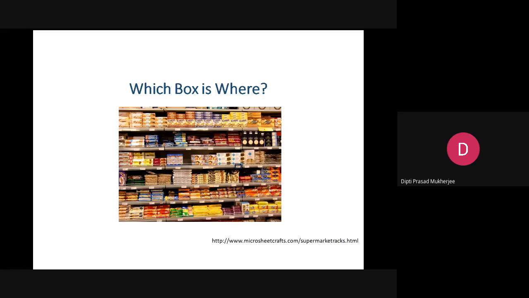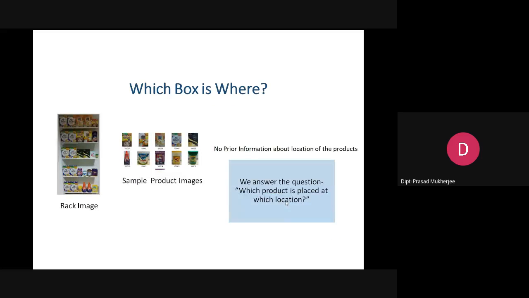In supermarkets, you see these stacks of products. You take an image and find out which product is where. Where are Kellogg's cornflakes? Where is the Britannia biscuit? There is an interesting commercial aspect to this kind of problem. So many interesting problems. You look around, there is a huge number of problems.